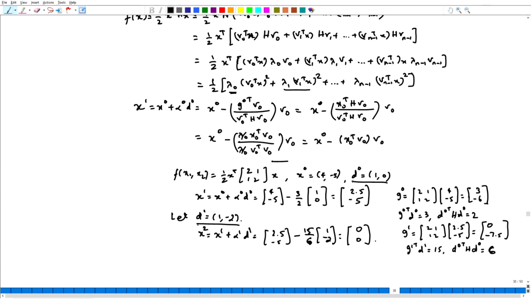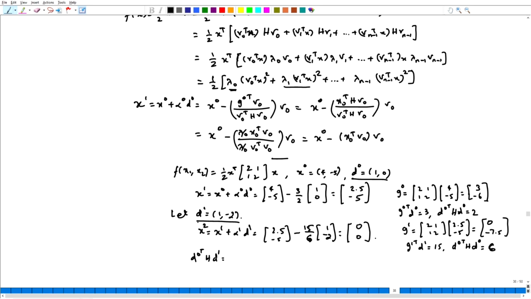So, you have d0 is (1, 0) and d1 is (1, -2). If you check what is d0 transpose H d1, H d1 is [2 1; 1 2] times (1, -2), so that is 2 minus 2, that is 0, and 1 minus 4 is minus 3. With d0 transpose that, you can see this is 0.